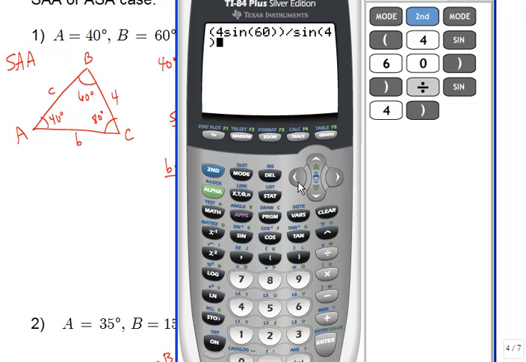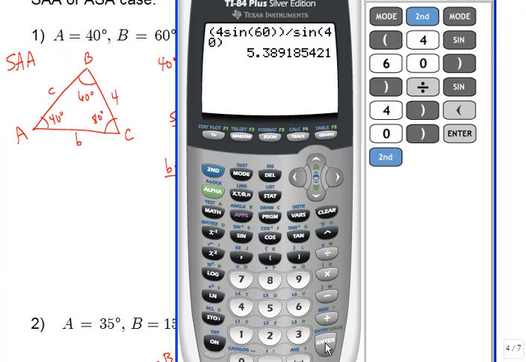And I'm going to hit enter. And there's side B, about 5.39. Meanwhile, let's go ahead and find side C, which is exactly the same command that I just put in, but I'm going to edit it and change this 60-degree angle to 80 degrees and hit enter.